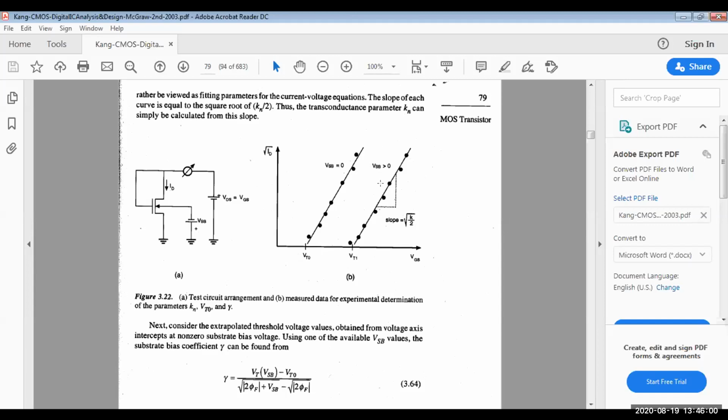So when VSB is greater than 0, we will get a threshold voltage which is VT1. This is greater than the threshold voltage when there was no body effect. And the slope of this graph is root of Kn by 2. So from this value, we will get the Kn parameter.